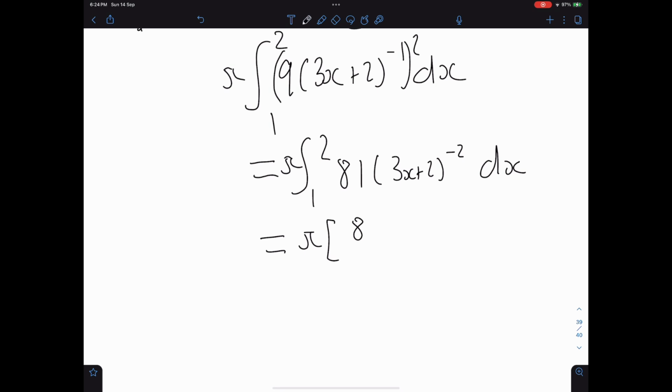And then we do our integration. And of course we divide by the new power multiplied by the coefficient of x.